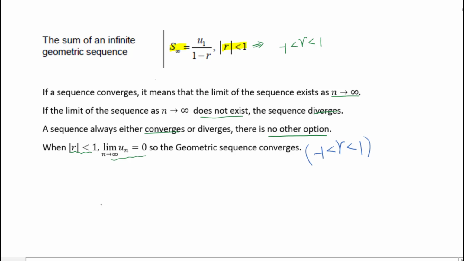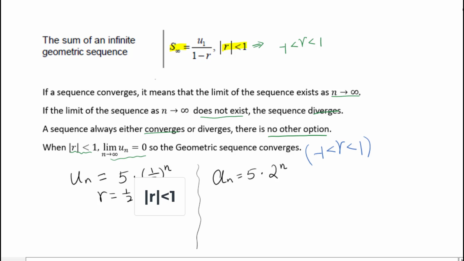Let's look at the example. We have U sub n equals 5 times 1 over 2 to the nth power. Then we have A sub n equals 5 times 2 to the nth power. For U sub n, the common ratio is 1 over 2, which means the absolute value of R is less than 1.